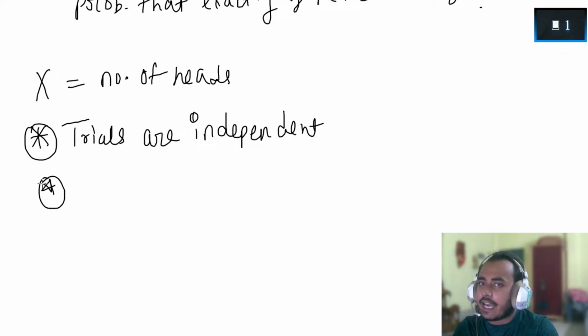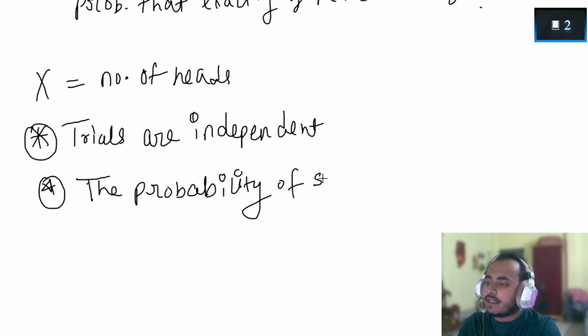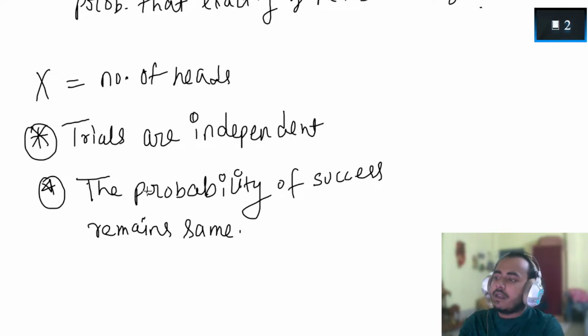And the next condition you must have is that the probability of success remains the same. So these are the two conditions you must have in order for a random variable to be binomially distributed.